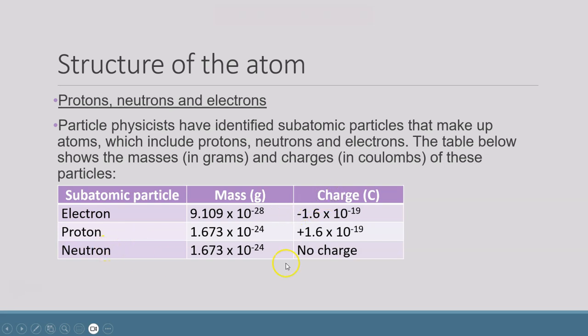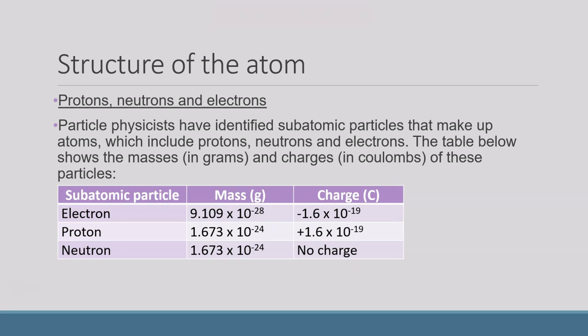We can also see that neutrons have no charge. Neutrons just contribute to the mass of an atom, but the charge sits with the electrons and the protons. Electrons have a negative charge and protons have a positive charge. So one proton and one electron in an atom will cancel each other out to have a 0 charge.